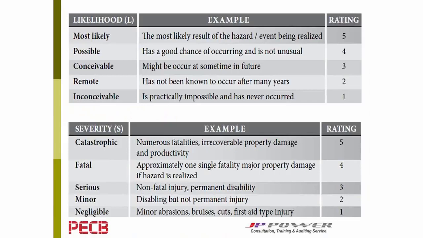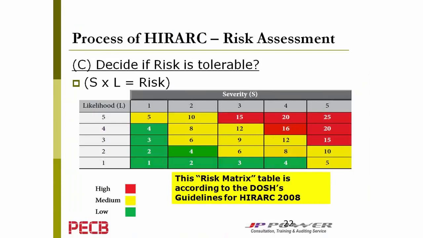Now, once the risk has been assessed, we need to know the level of the risk. Here's another example, where we use the same ratings for likelihood and the same ratings for severity. As you can see on the screen, there are 3 colors: green, yellow, and red.